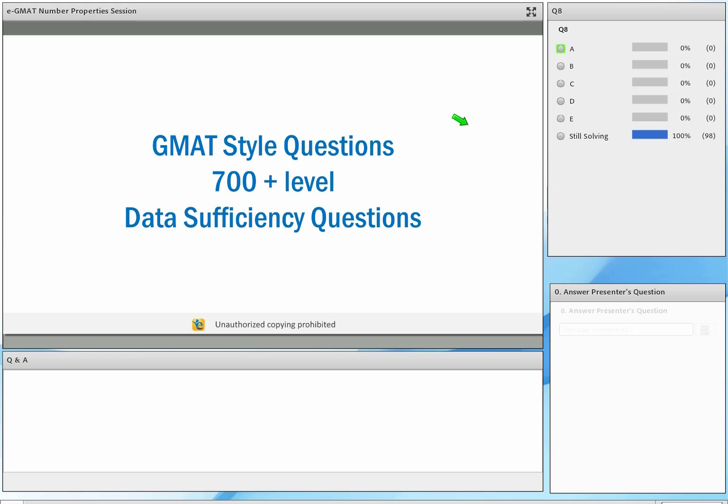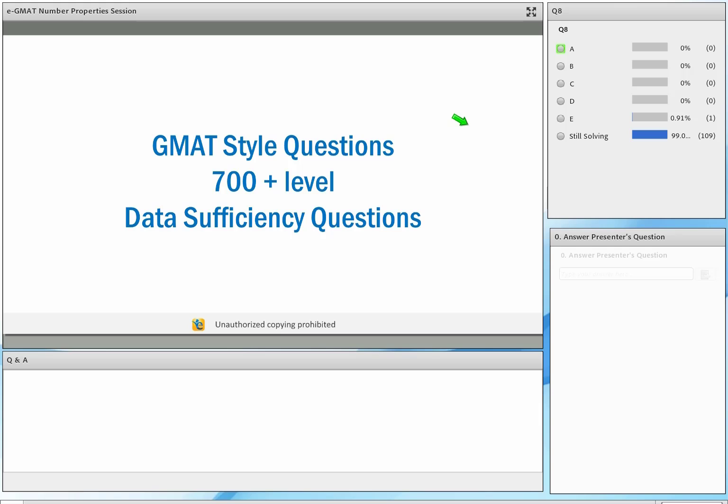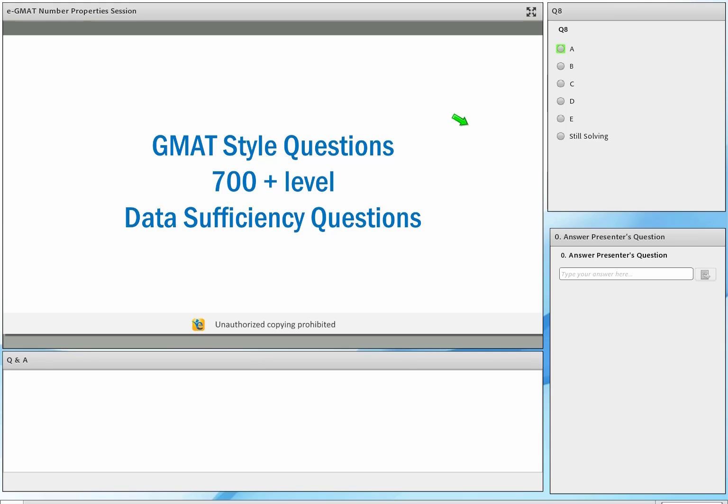And before we go into solving these questions, I'm going to ask you a few questions just so I understand where you feel you lack in quant. Okay, I'm going to end this for now. All right, so tell me, where do you see problems in quant today in terms of your preparation? What do you think you need to build upon in quant? It could be with regards to topics.